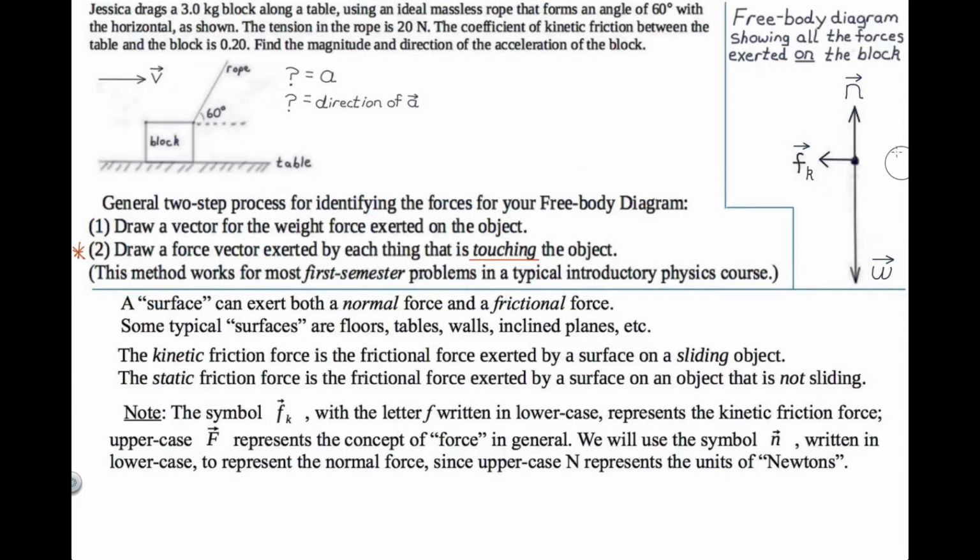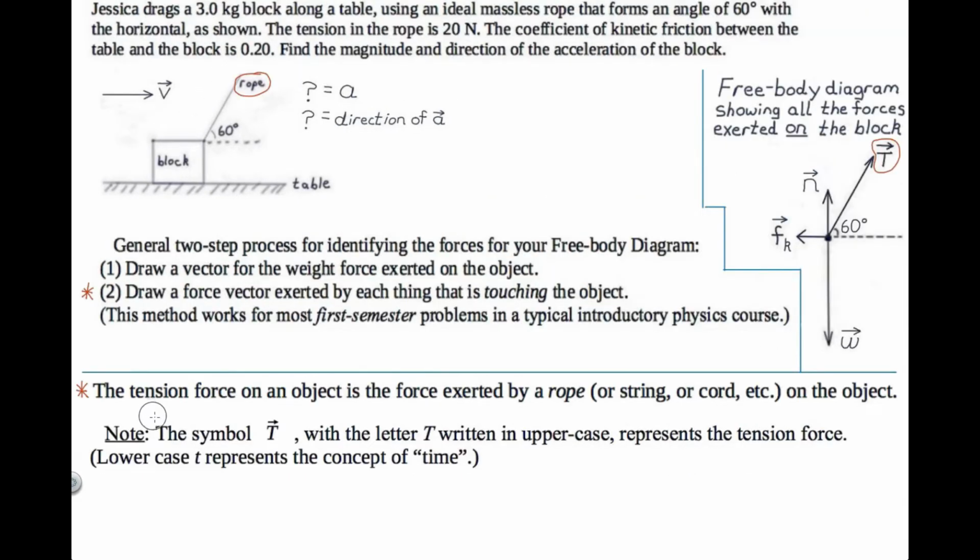We will represent the kinetic friction force with the symbol F sub k. Are there any other forces on the block? Well, ask yourself, is there anything else that is touching the block besides the table? Yes. The block is also being touched by the rope. We will use the term tension force for the force exerted by a rope.